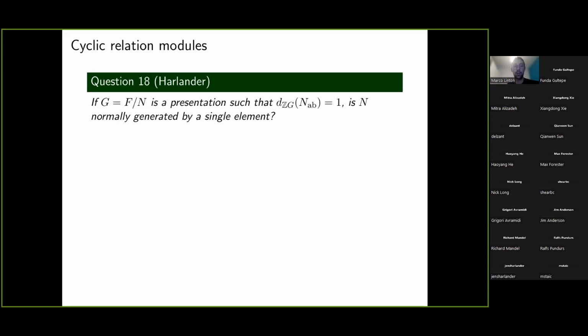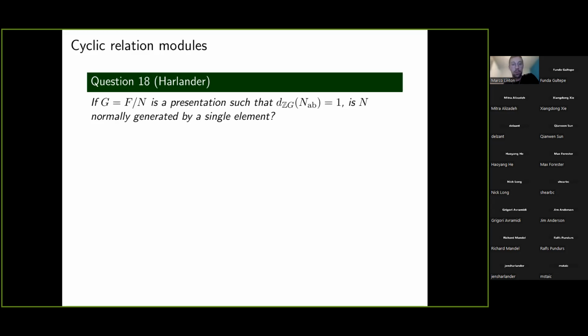Well, in general, probably the relation gap problem has a negative answer, but one could hope that for low enough rank relation modules, the relation gap problem would have a positive answer.